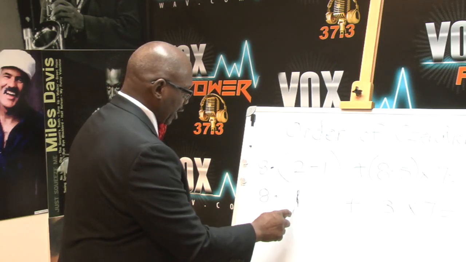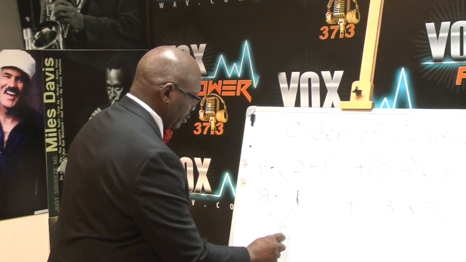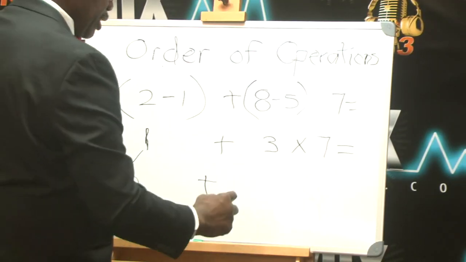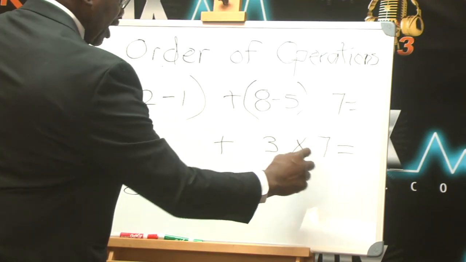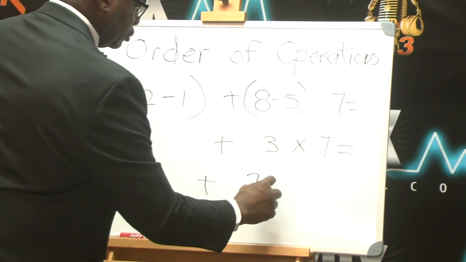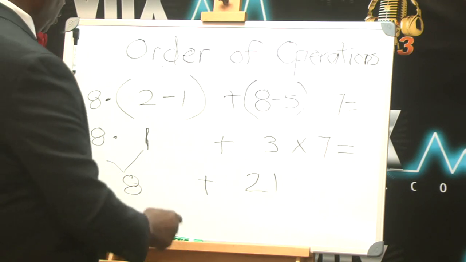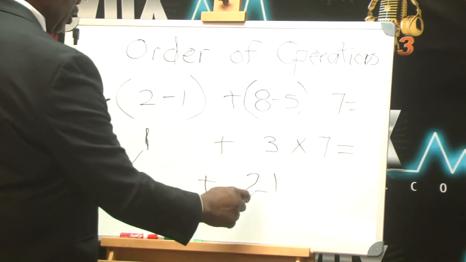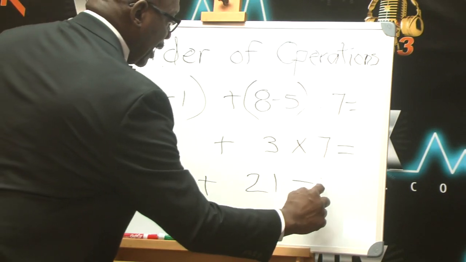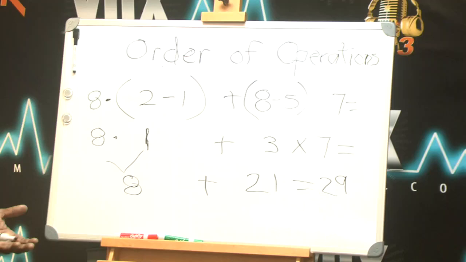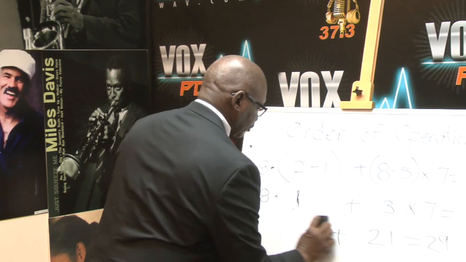Over here we have multiplication. So 8 times 1 is 8. Plus, again, we have multiplication. We do that first. 3 times 7 is 21. And the last step, addition, which is 8 plus 21 equals 29. Order of operations. Okay? Very good.